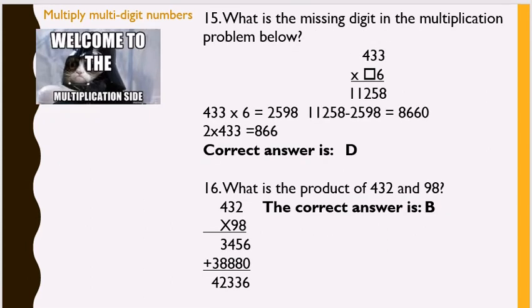So, here are the solutions to numbers 15 and 16. In number 15, we were solving for the missing digit in the multiplication problem. 433 times blank 6 equals 11,258. To solve this problem, you would start with 433 times the number that you know. You know the digit in the ones place is a 6.